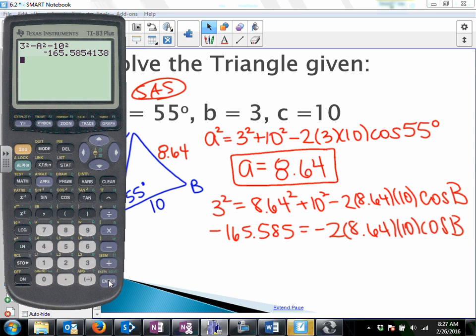Division. So I'm going to keep this in my calculator. We're going to divide. Since we're dividing by more than one thing, I'm going to put parentheses: negative 2 times side A times 10. We get that. What does that equal?